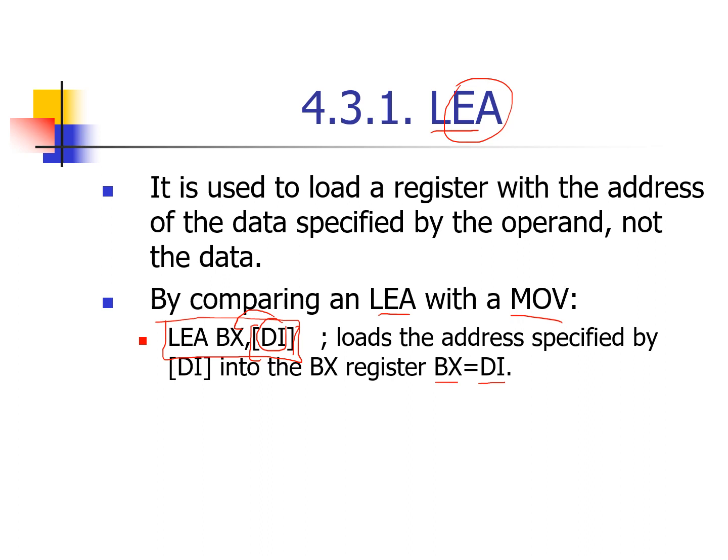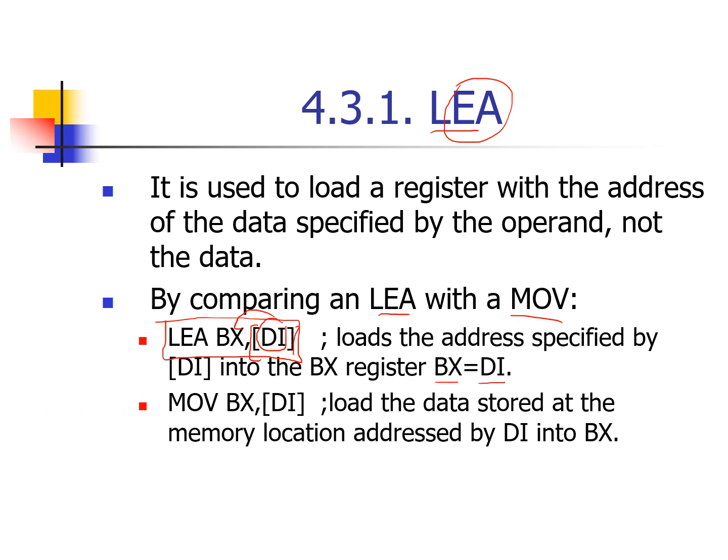To do this with move, if you use the same format with move, it doesn't give you the same thing. Here, the data pointed to by DI is stored in BX. So the result is not BX equal to DI.